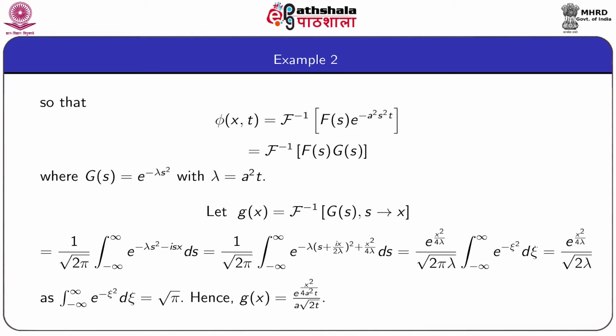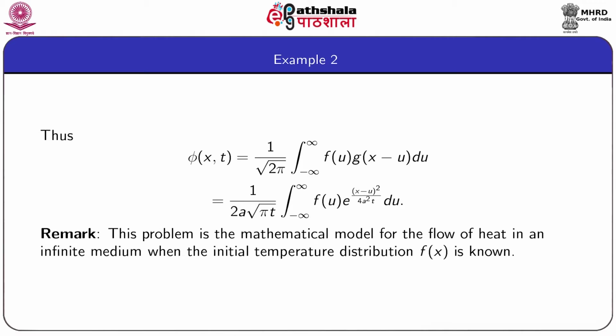So, with this knowledge of g(x), we can find small φ(x,t) from this formula, that is the Fourier inversion of F(s) into G(s), by using the convolution theorem, as φ(x,t) equal to 1 by root 2π integral from minus infinity to plus infinity f(u) g(x-u) du.